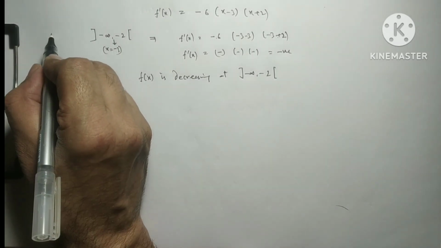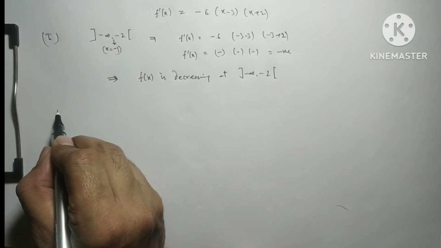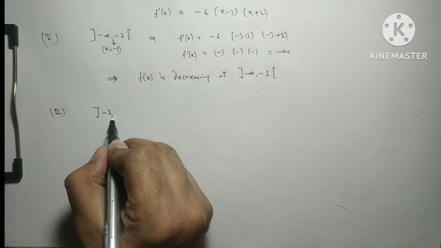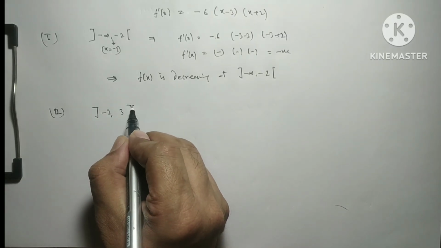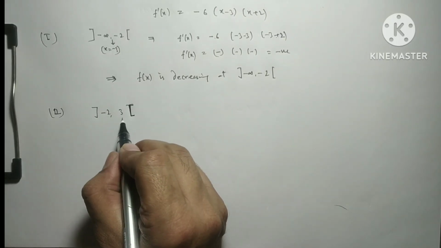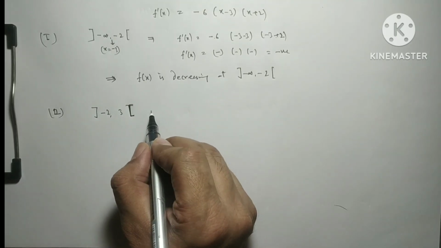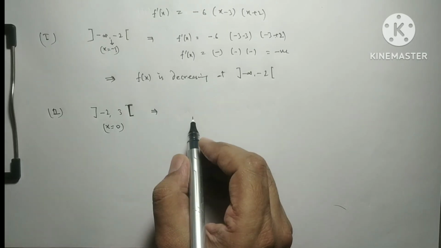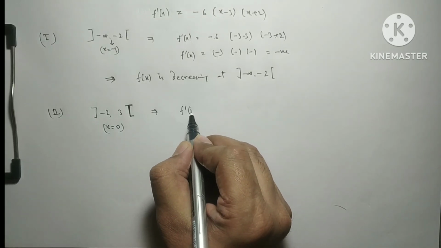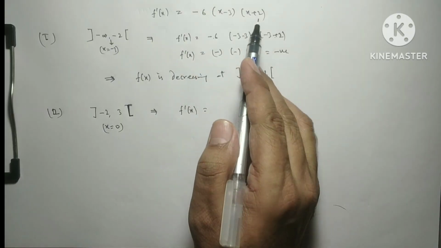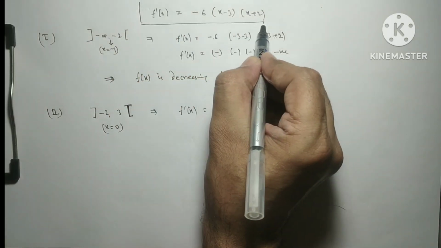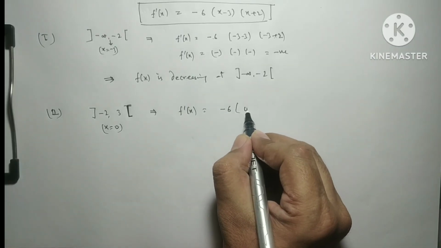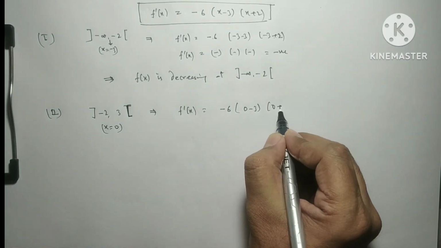Now the second interval, that is minus 2 to positive 3. We can take any value between minus 2 and 3. Let us consider we are taking 0. On putting this value in this expression, we have minus 6, 0 minus 3 and 0 plus 2.